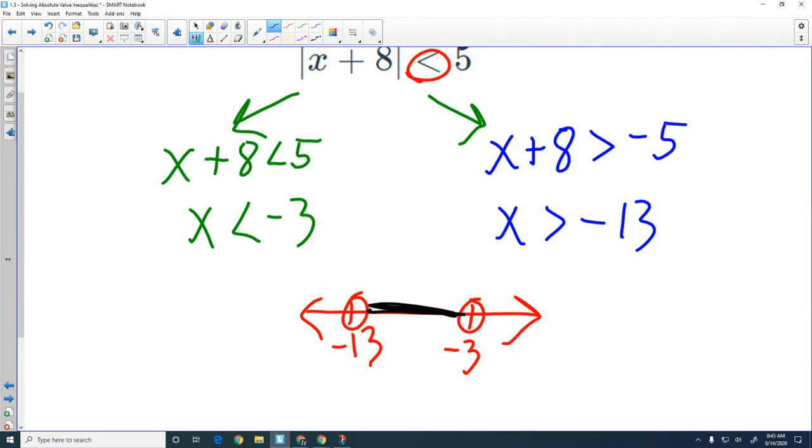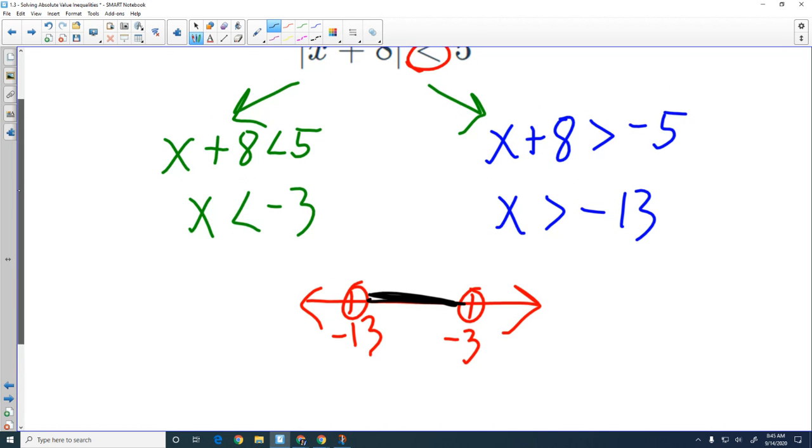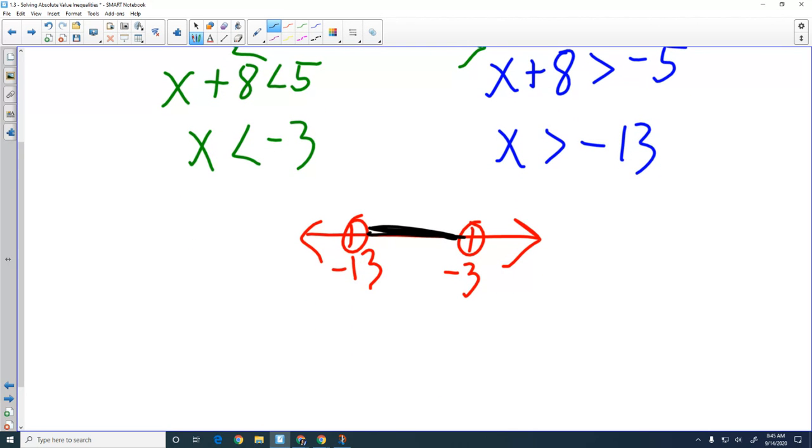And whenever you have that and situation where this and that have to be true, I'm going to write this as a single compound inequality, starting with the smaller number, negative 13, less than x, which is also less than negative 3.